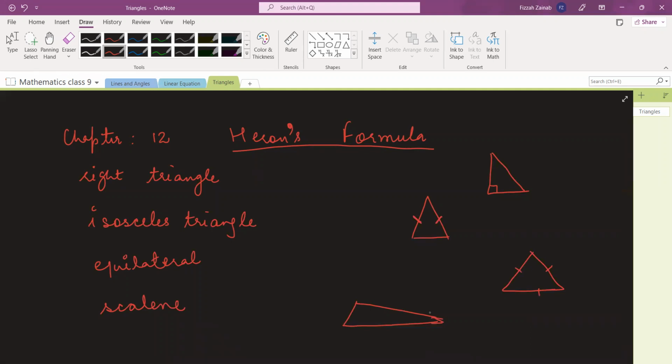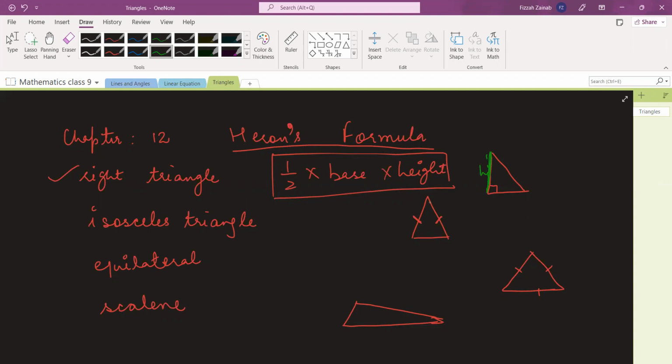Now, if you want to find the area of a right triangle, it is simple, half into base into height, correct? That is the formula you know so far for the area of triangle, half base into height. So in case of right triangle, this is your height, the vertical.